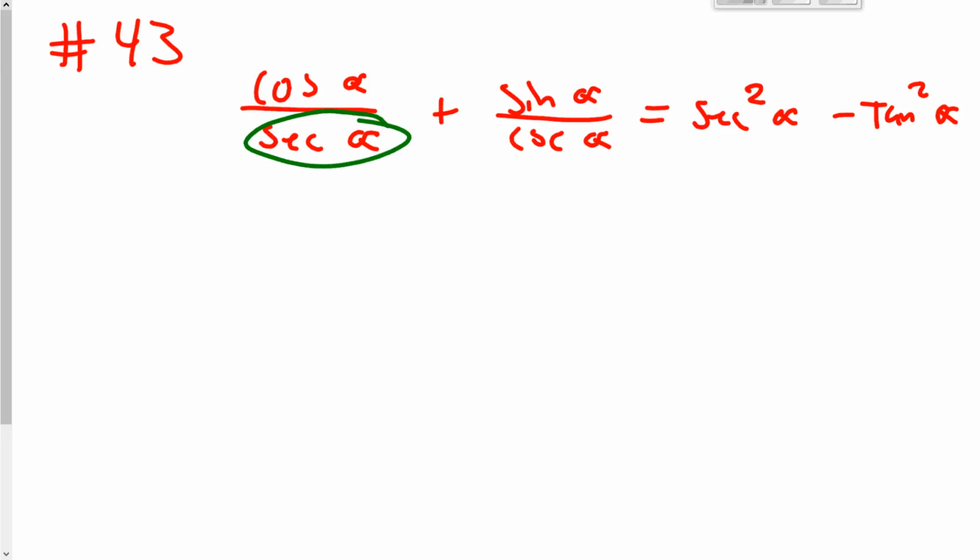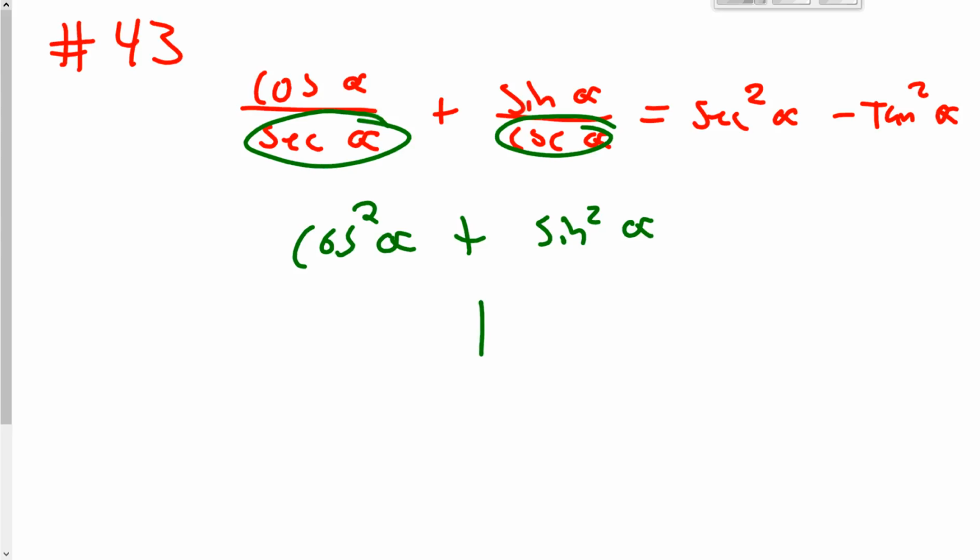I can move this to the top, which will be multiplying by cosine. So I would get cosine squared alpha. This one, same thing, I move to the top, so I get cosine squared alpha, and then sine squared alpha. And that equals 1. So now I'm at 1, so I have no idea where to go from there to get secant squared and tangent squared.